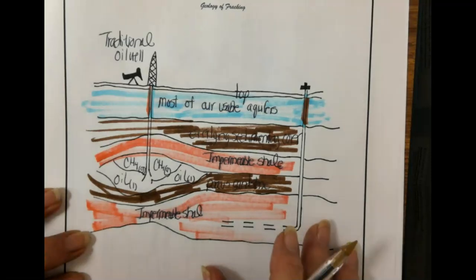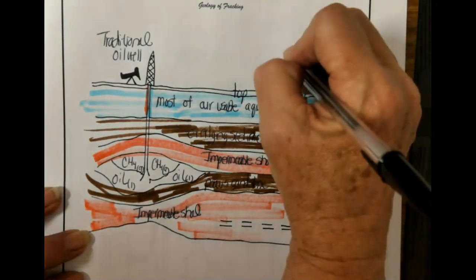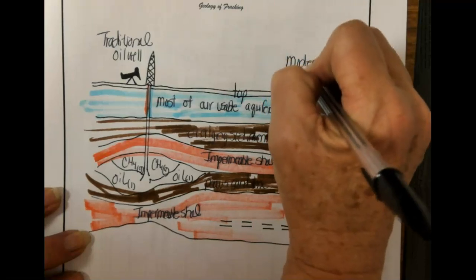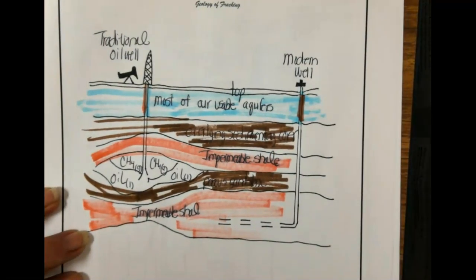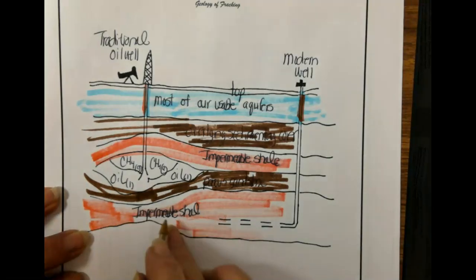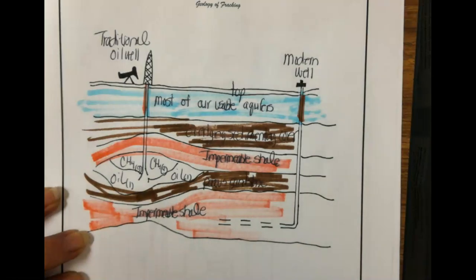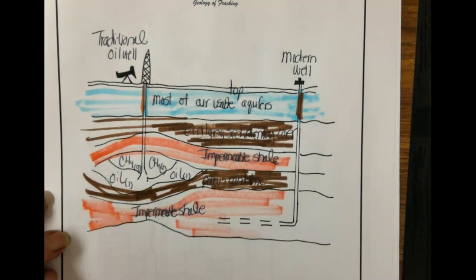Now, interestingly, however, this was what we were going to call a modern well. And this is what's happening all over Texas in the Permian Basin. And that is that they have found that a lot of this shale actually has methane gas in the rock.